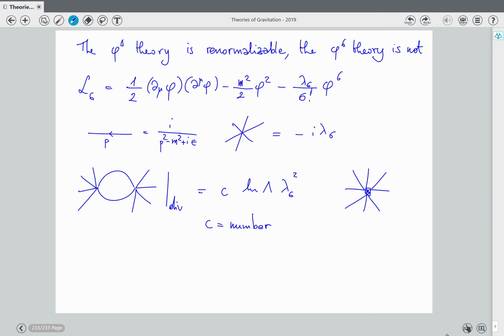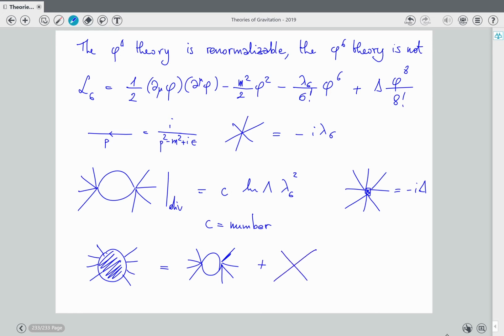So to subtract it, you must add some delta here, phi to the 8 over 8 factorial, and so you will get here minus i delta. And if you adjust your delta, the sum of these two, which you will meet when you compute the 8-point function, will be convergent when lambda goes to infinity, if you correct your Lagrangian.